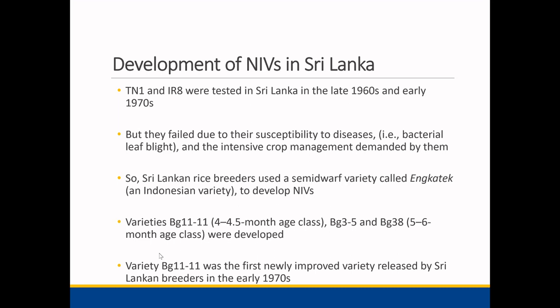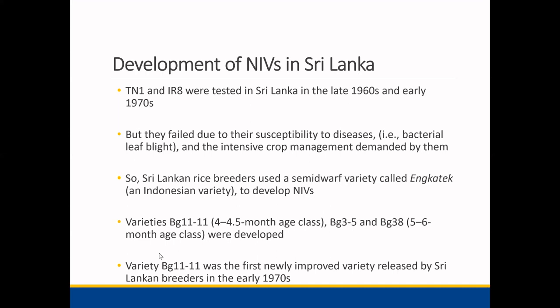But you should know that in later development, BG1111 was the first newly improved variety, but now there are so many. In the next class, I will provide the list of newly improved varieties with their duration. Later they used TN1 and IR8 in the breeding program.